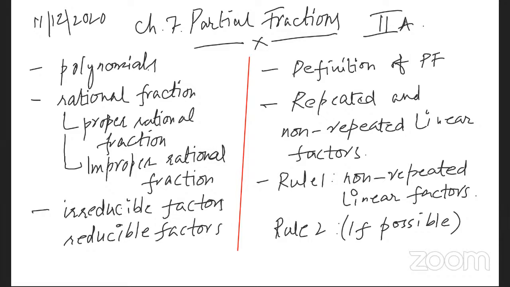First, we shall define what a polynomial is. You must have studied in the previous chapters what a polynomial is. In theory of equations also you must have come across polynomials. Let us define once again a polynomial.